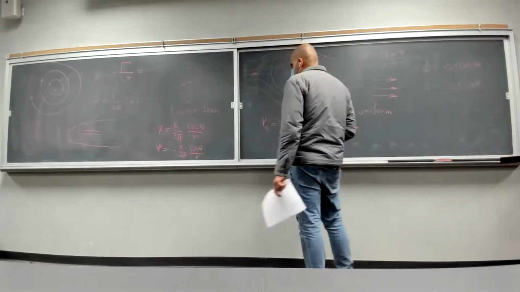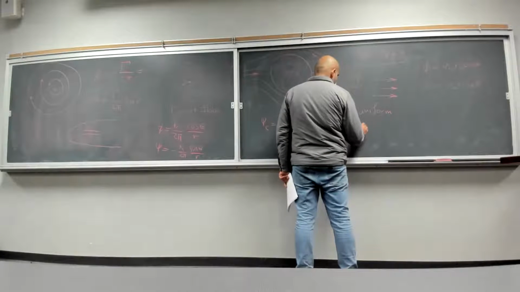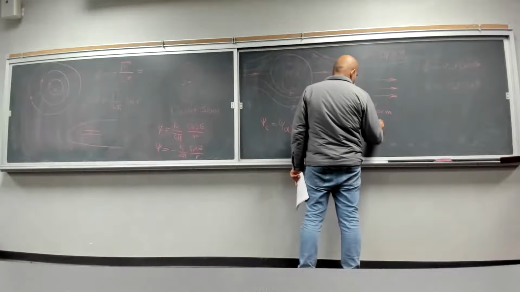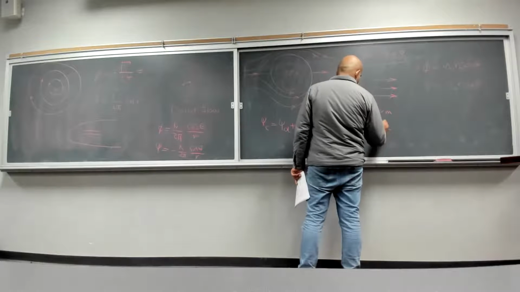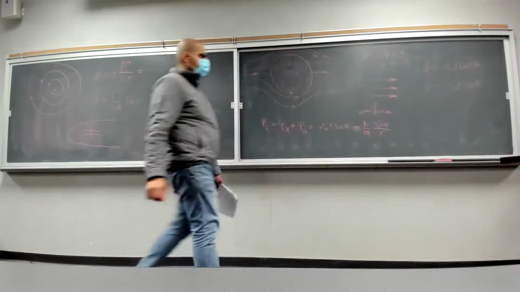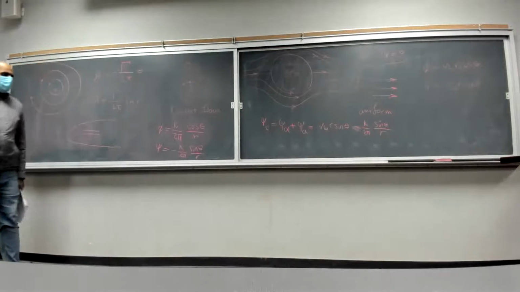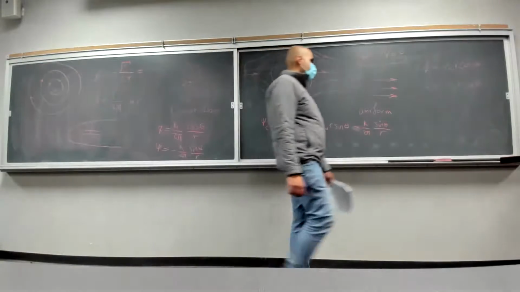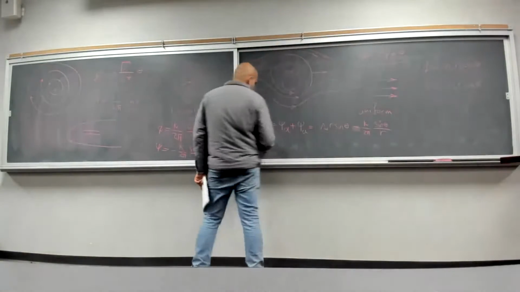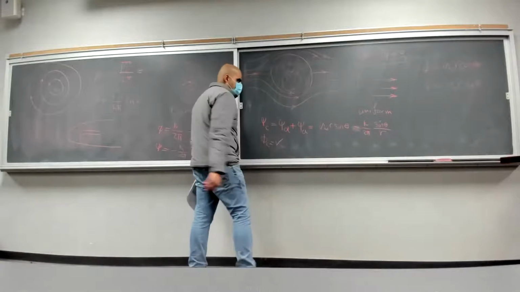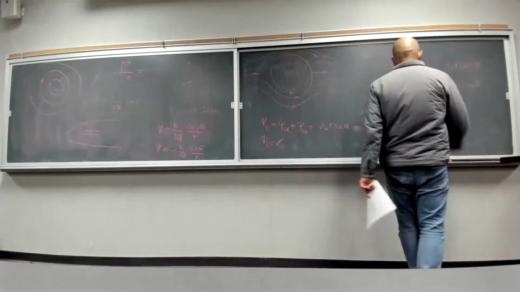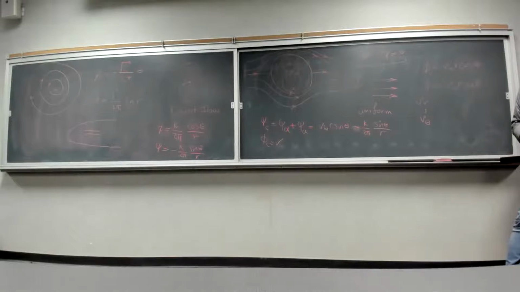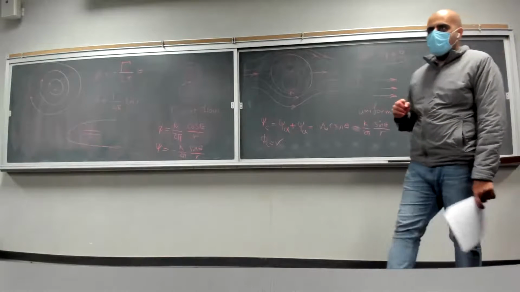And for the doublet flow, we have negative kappa over 2 pi, sine of theta divided by r. Based on this, we can do the same thing for the velocity potential. Okay, based on these two, we can find Vr and V theta for flow past a cylinder.